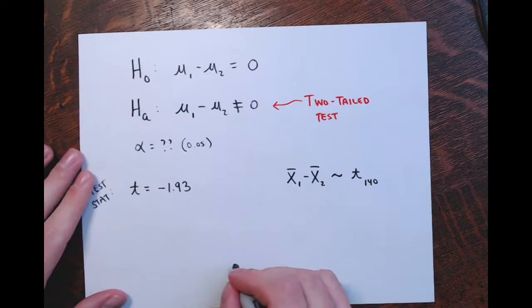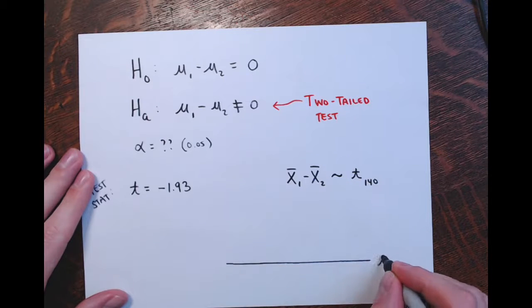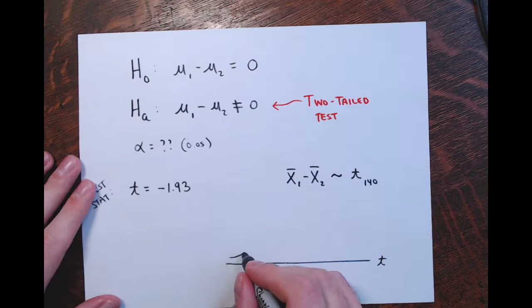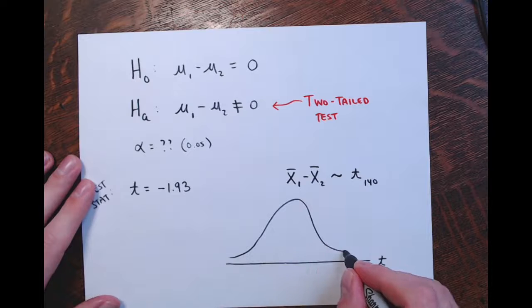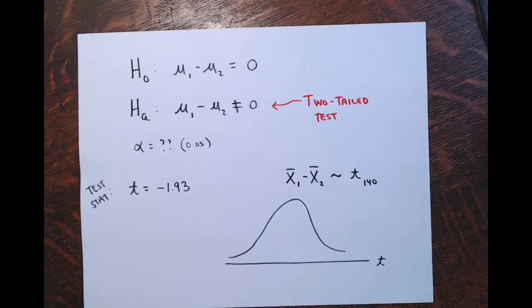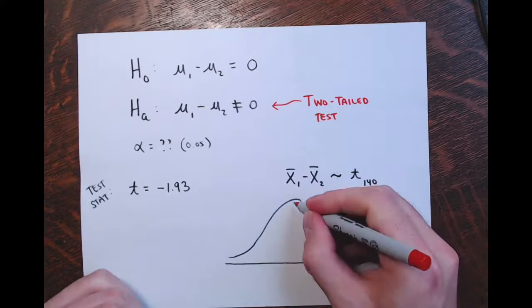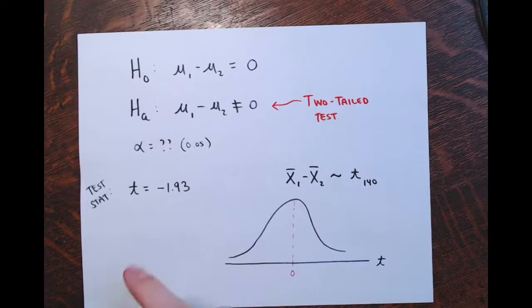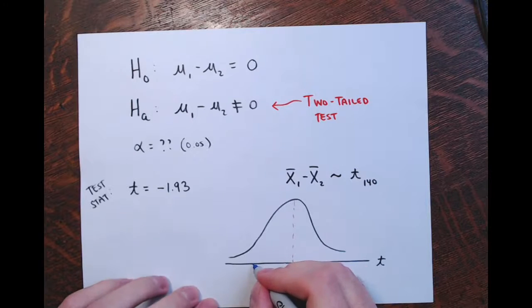I will draw this. The horizontal axis represents t-scores. We've got a symmetrical bell-shaped curve there. The t-score under the peak is a t-score of 0. And then our test statistic is negative 1.93.